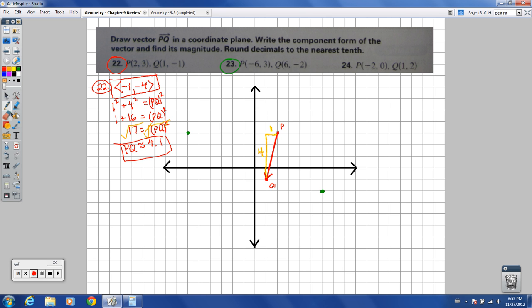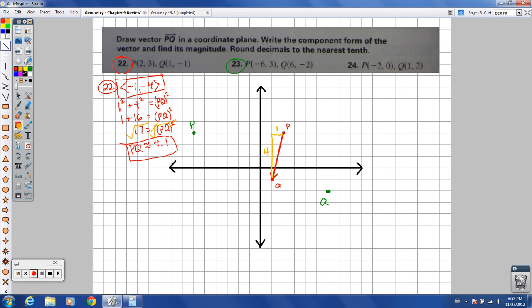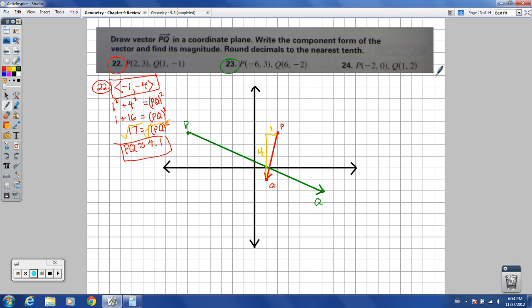So just keeping it on the same plane, this would be my green P and my green Q, and that would be my green vector PQ. That shows up pretty nicely.